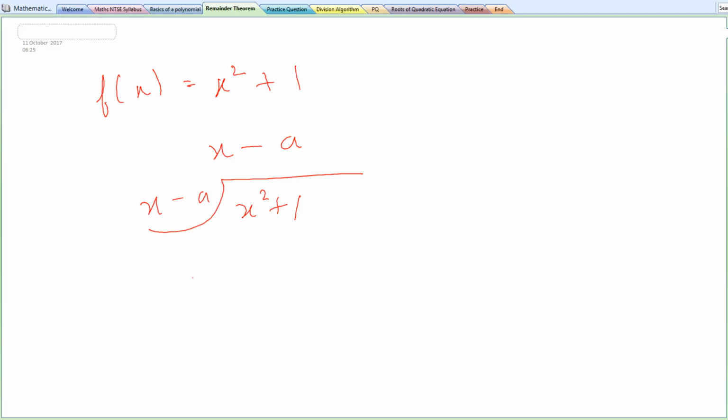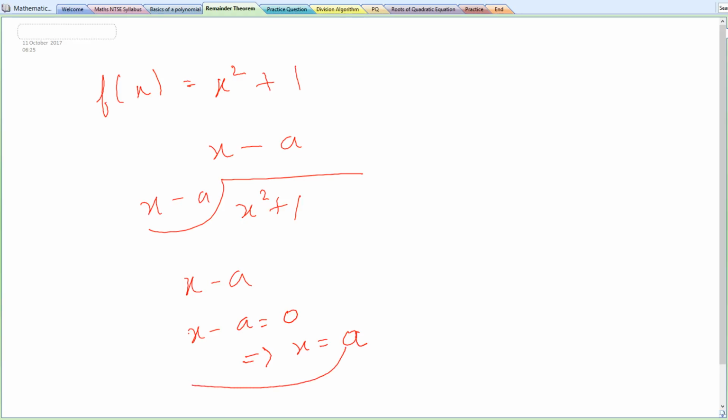If I want to divide a polynomial by x minus a and find the remainder, I simply put x equal to a, which gives me the value of x as a, and I put this value here in the polynomial. So f(a) is a square plus 1. I'm putting the value of a in place of x.